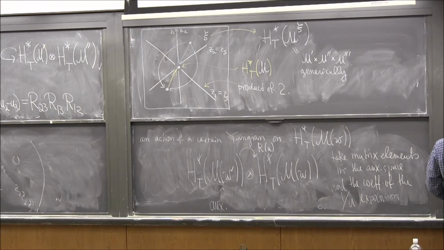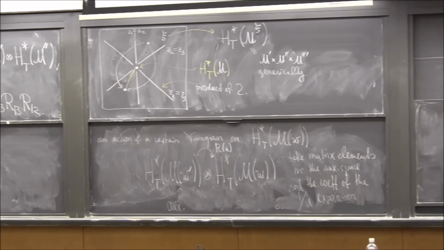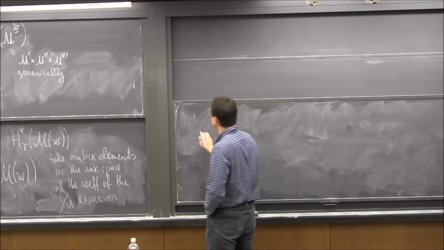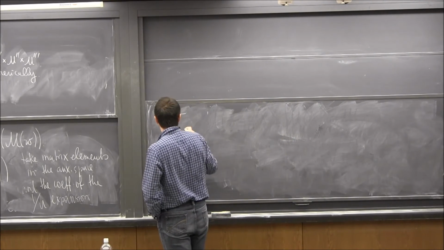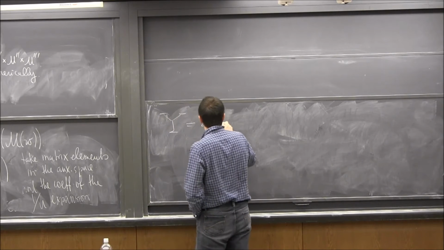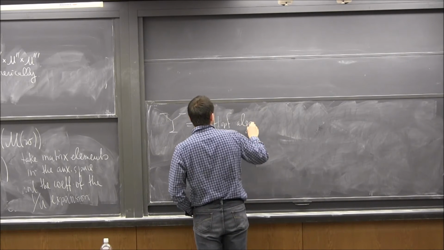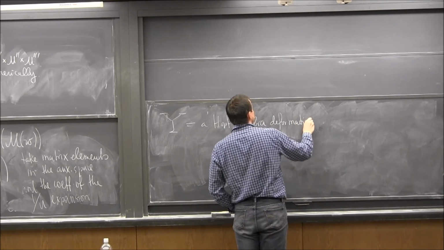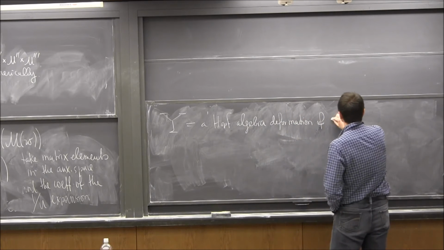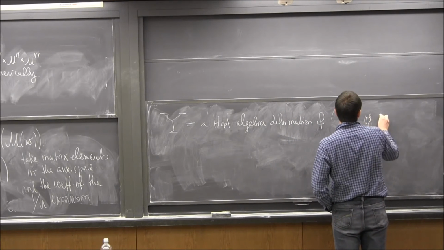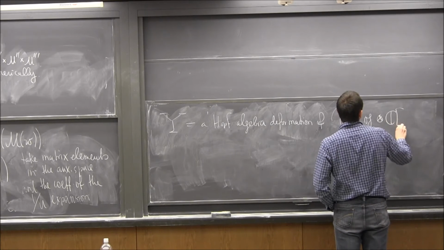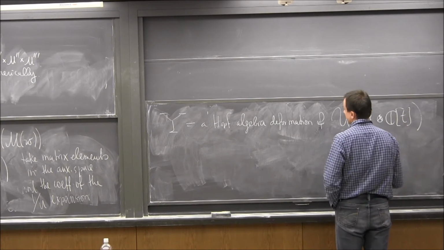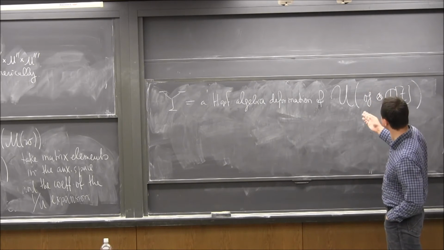So this Yangian, anticipating further development, would be a topological deformation of the universal enveloping algebra of some Lie algebra tensor polynomials in the variable u.